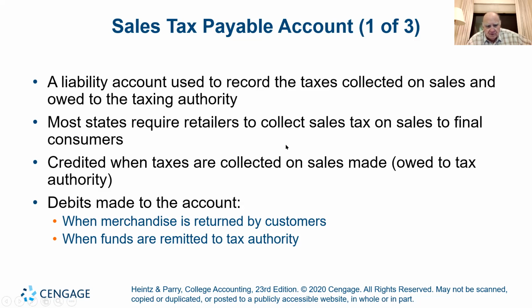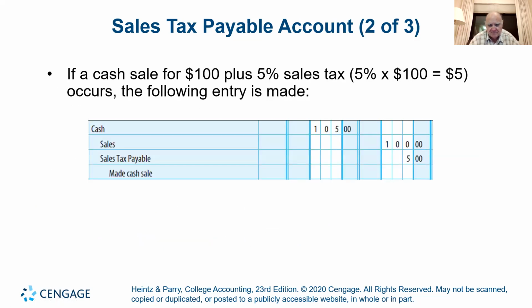They are required to collect this, and they collect it when they get paid by the customer, okay? They get this money from the customer, and it is the company's responsibility to remit it to the, in California, it's called the State Board of Equalization. This is not the company's money. This is the customer's money that he is entrusting us to turn over to the state.